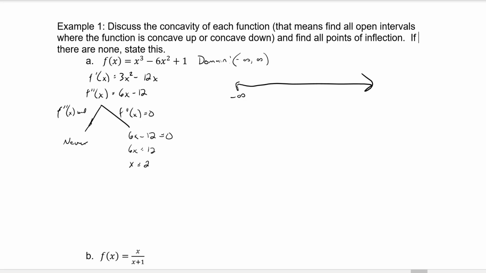So start with your domain, negative infinity to infinity. And then in this case, x equaling 2 is our possible point of inflection. So we have the intervals negative infinity to 2, and 2 to infinity.